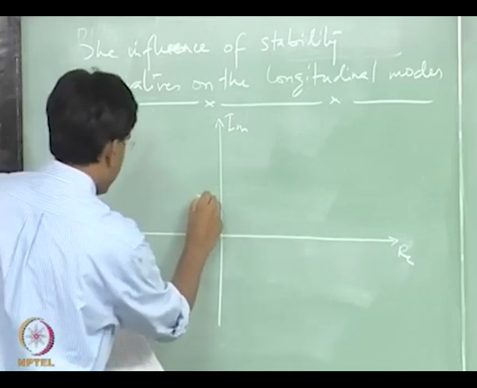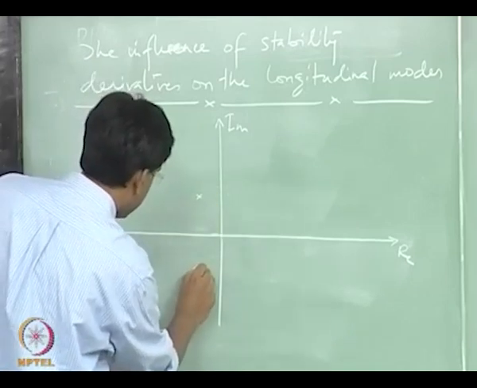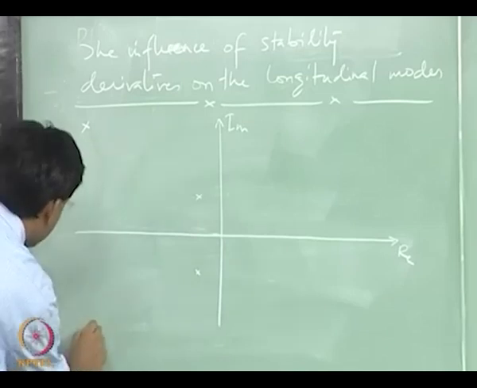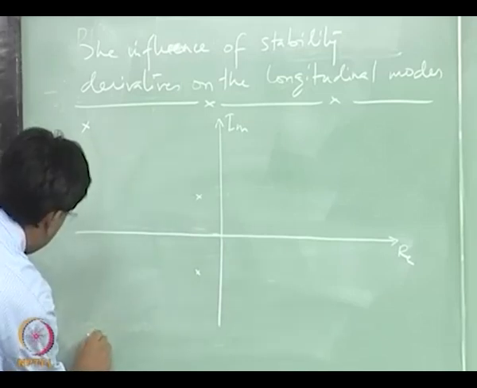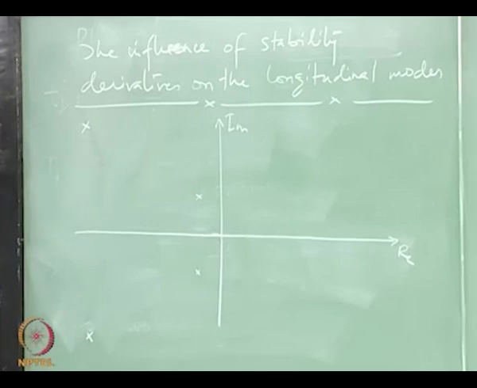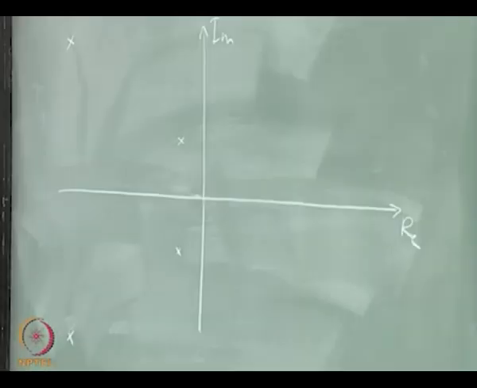So, to start with, my eigenvalues are located for phugoid mode, short period mode, and we want to change the CG. So, let us see what is the effect of changing CG on the eigenvalues.